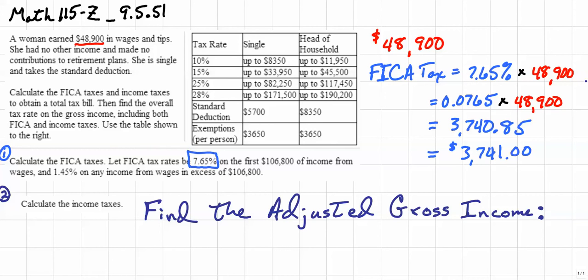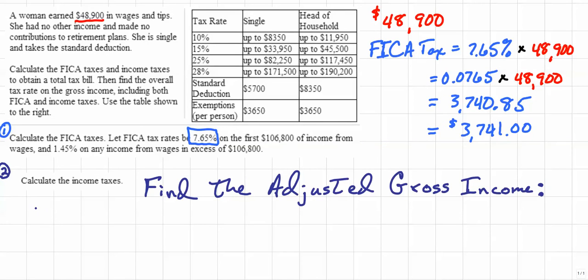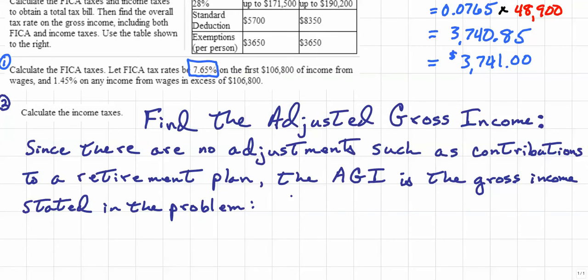So in this case, we notice that she made no contributions to a retirement plan, so her AGI is actually going to be her gross income. So as I said, the AGI will be equal to her gross income of $48,900.